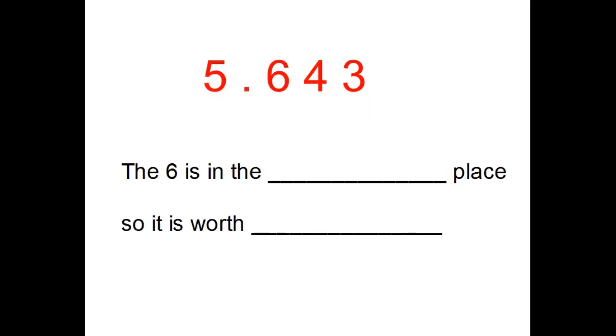So here we go. We have our number. I found the decimal. I'm going to the right side of it. So this is the tenth place. Remember, we're going tenths, hundredths, thousandths. Now, if I want to know how much it's worth, before we talked about how you just change everything else to a 0. The 6 is going to stay a 6. This is a 0 and this is a 0.